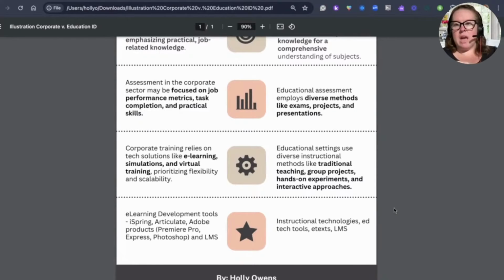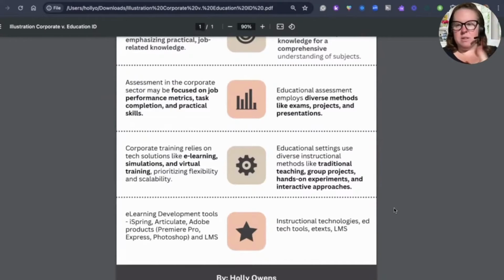The learning management systems in education are different than they are in the corporate space, so they operate a little bit differently. There's SCORM stuff in corporate, and then LMS in education. You can pull data and do different things in the background, but mostly you're designing it within the LMS and you can update it instantly.